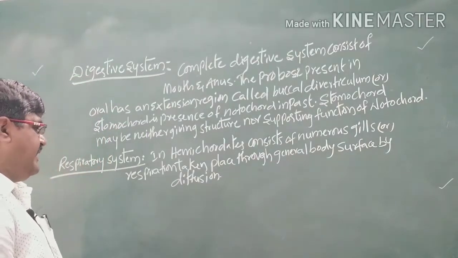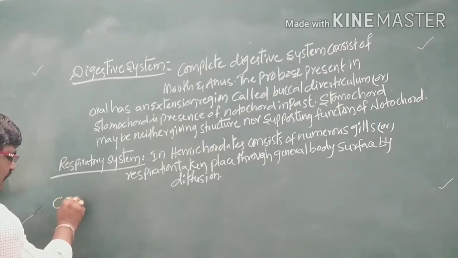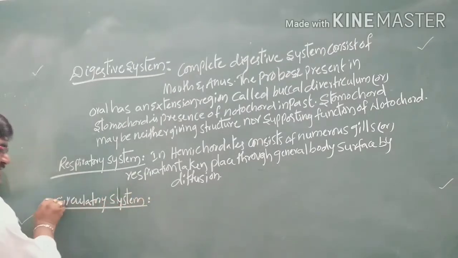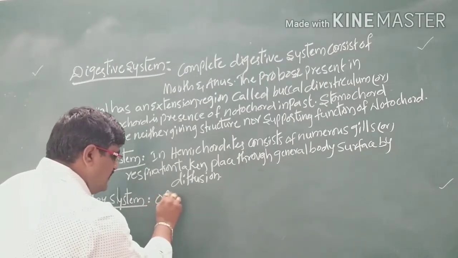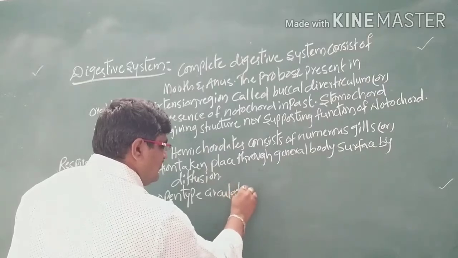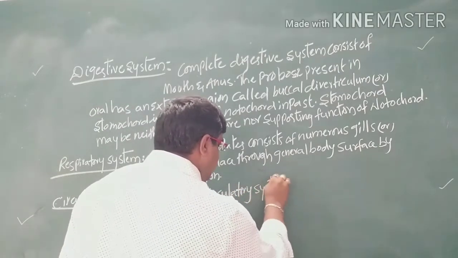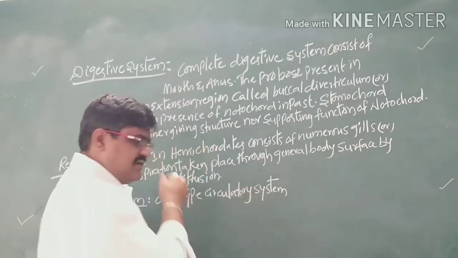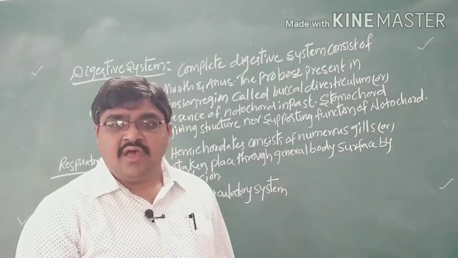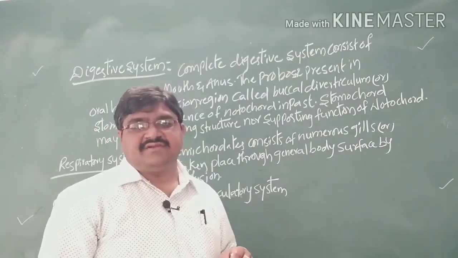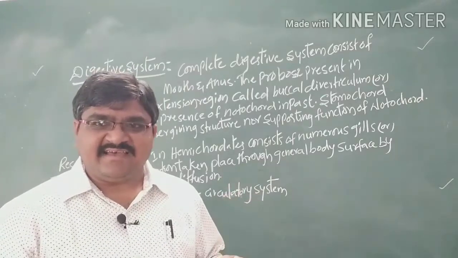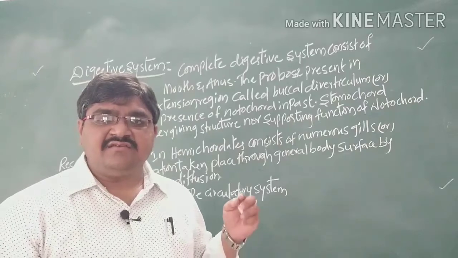Next, coming to the circulatory system. Here it is an open type of circulatory system, where the blood passes directly to the sinuses, and it also consists of two longitudinal vessels connected by lateral vessels or sinuses.